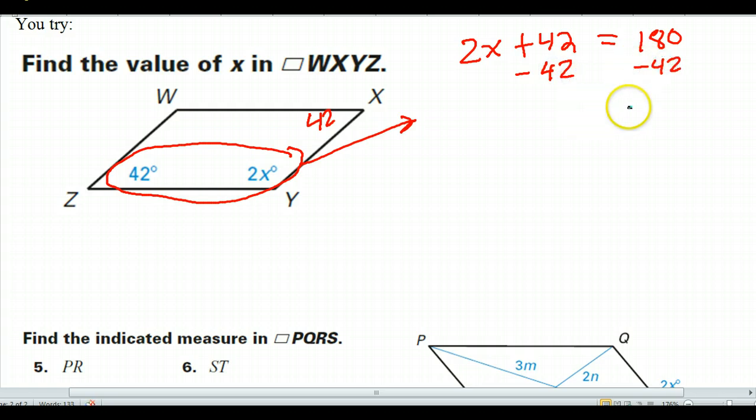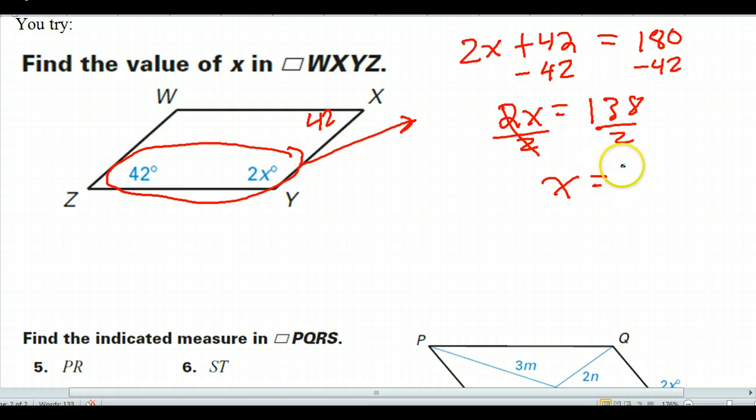But doing it this way, I could subtract 42. That would give me 2x equals 138. Thank you. And then I would just divide by 2 on both sides. X equals what? 69. Okay, so that's the answer that everybody should have gotten, 69.